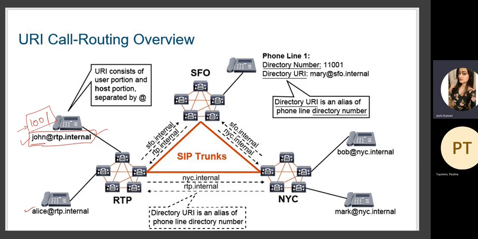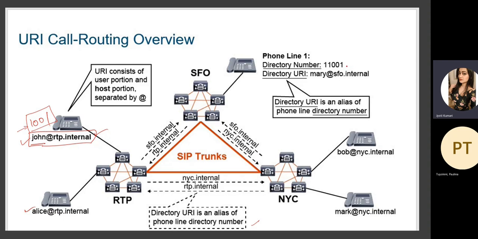Here we can see some different clusters and different locations. A SIP trunk is made between these, and calls between users in different locations, clusters or sites can be made either via the DN numbers that we already know, or via URI. So URI is an alias of the phone line directory number.